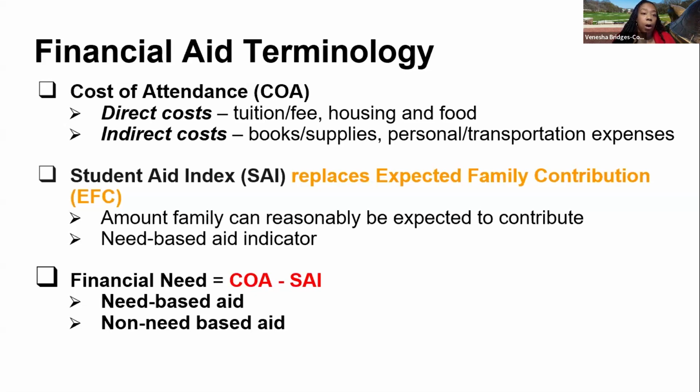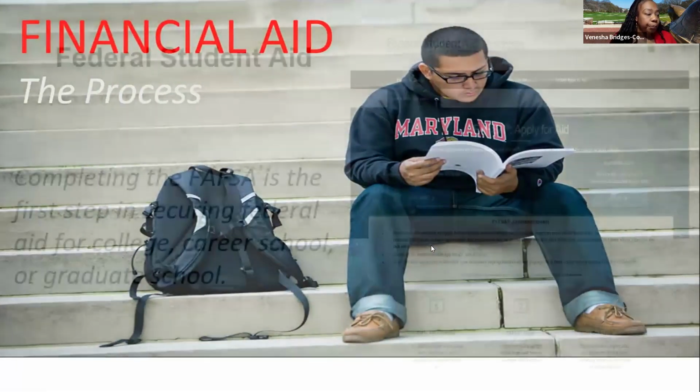And this is across all institutions, not just for University of Maryland. This is just a universal language that is used to determine the types of aid that the student is eligible for. And so to determine your financial need, we take the school's overall cost of attendance, and we subtract your student aid index, and that gives us an indication of the types of federal aid or non-need-based aid a student may be eligible for.